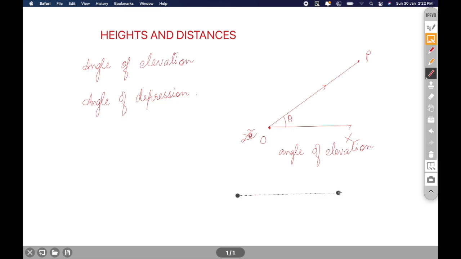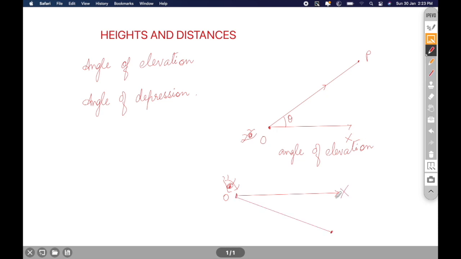Suppose again, from a horizontal line, an observer is looking below. Here O is the eye of the observer, and the observer is looking below at some object here.